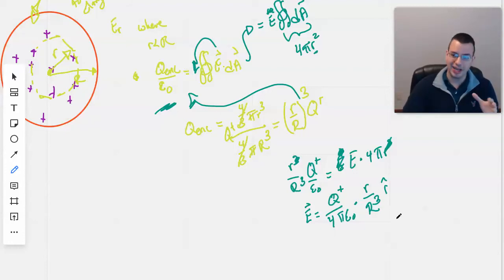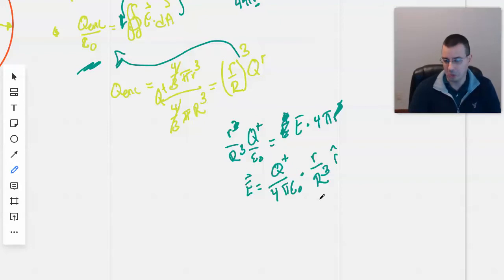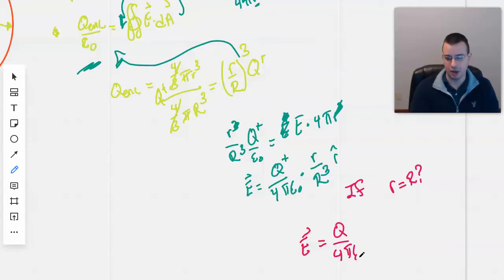And one way to test this, to see whether it makes sense, is that we know how to find the electric field if little r equals big R, because that would just be Coulomb's law. So if little r equals big R, then we have Q over 4 pi epsilon naught, which is the same as K, R over R cubed in the r direction.